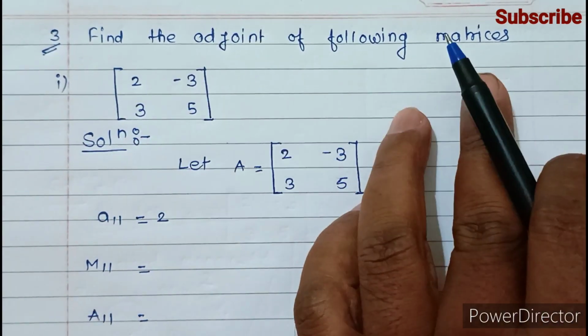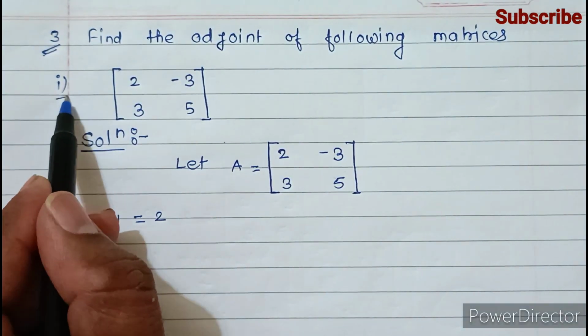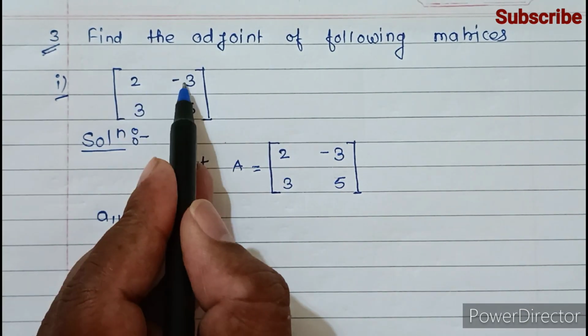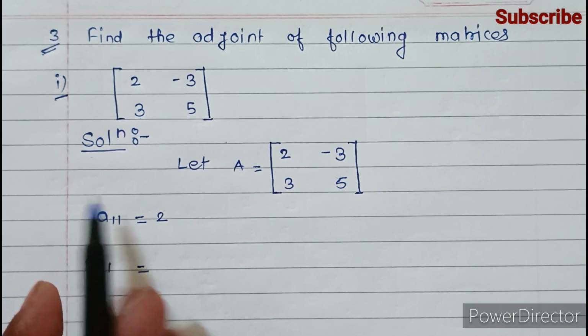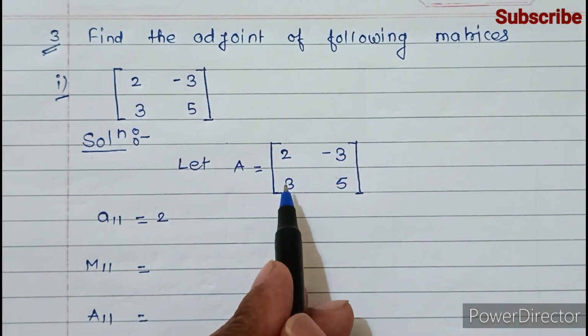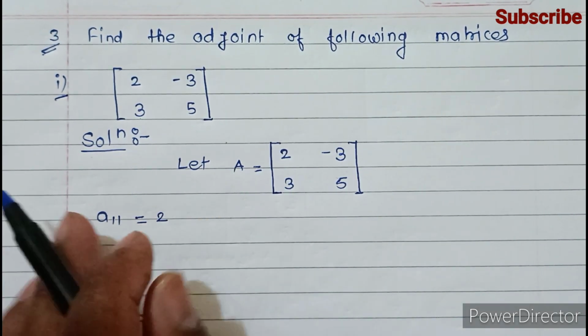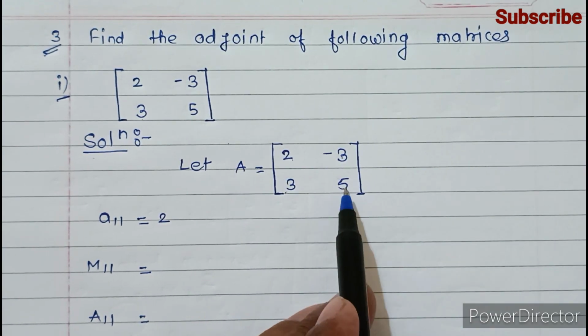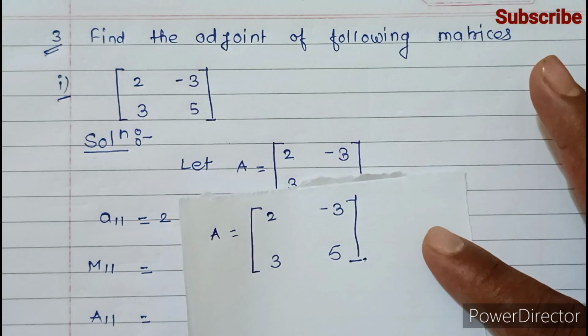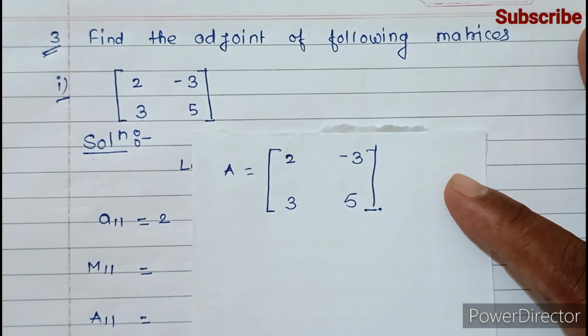Question third. Find the adjoint of the following matrices. The first question is 2, minus 3, 3, 5. In the solution part, the matrix is assumed as A, that is, let A equal 2, minus 3, 3, 5. Now this is the given matrix.